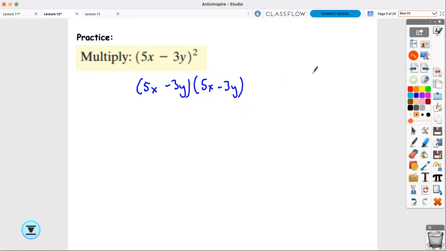I'm seeing 25x squared minus 30xy plus 9y squared.